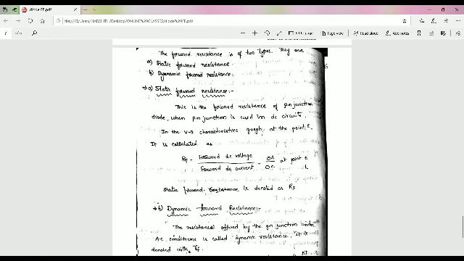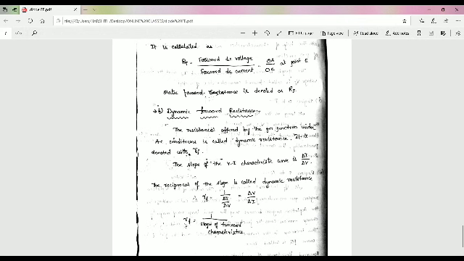So small rf equals 1 by the slope of the forward characteristics, and the slope is delta I by delta V. So the dynamic forward resistance rf equals delta V by delta I. Generally the value of rf is very small, of the order of a few ohms in the operating region, that is above the knee. Okay, you understood?